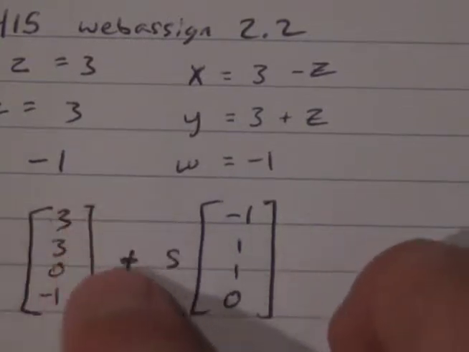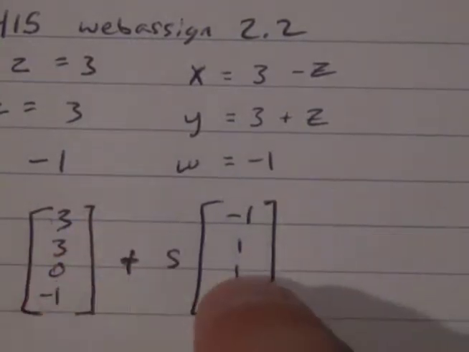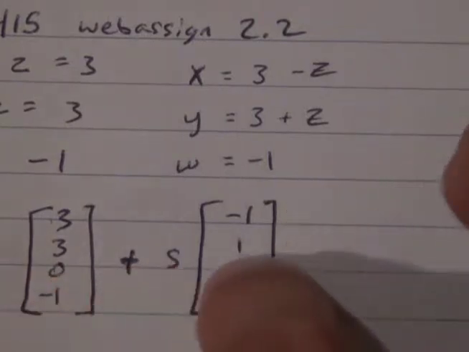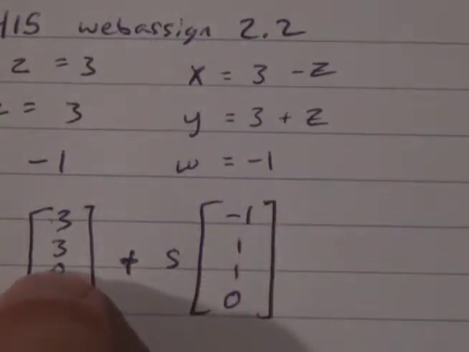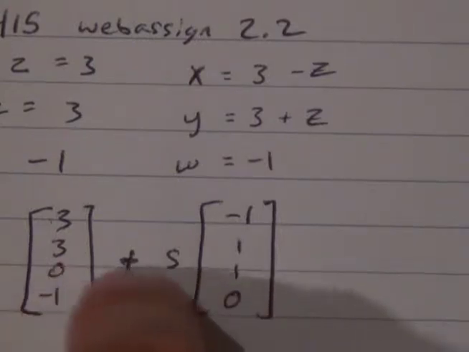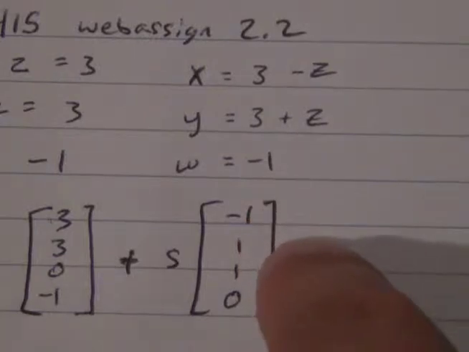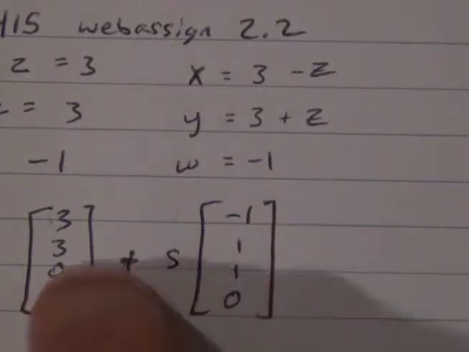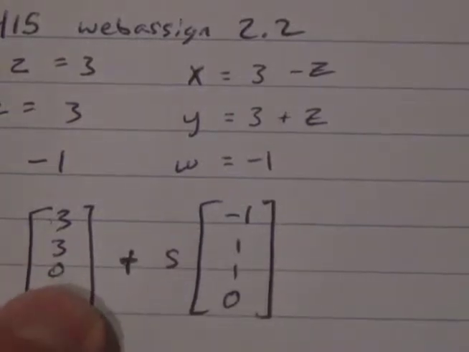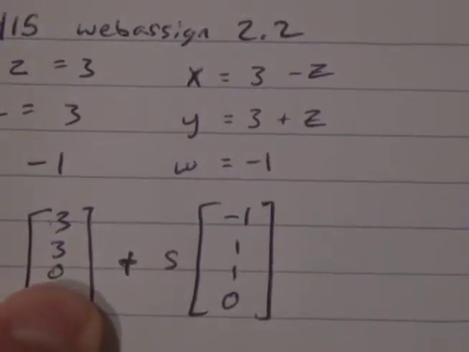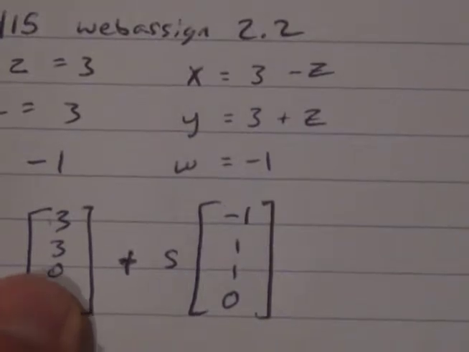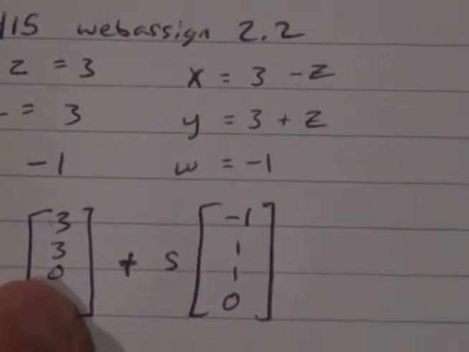But the important thing is we're also including this third row here. As you can see, it's a 0 and a 1. And that third row is actually the z row. So this is the x row, this is the y row, this is the z row. So this row right here is going to have 0 for the column, for the static part of the solution.